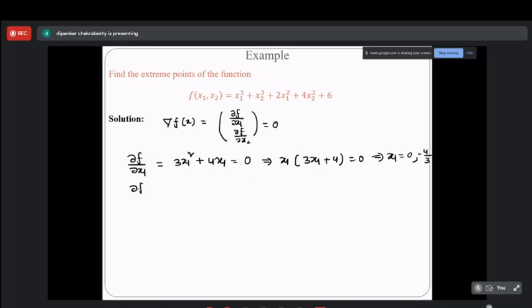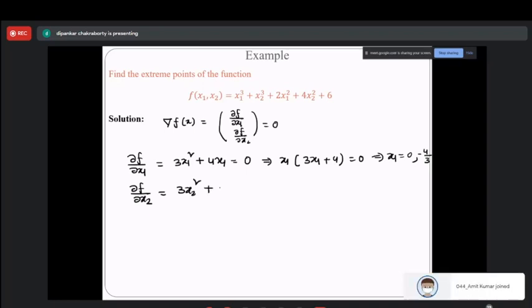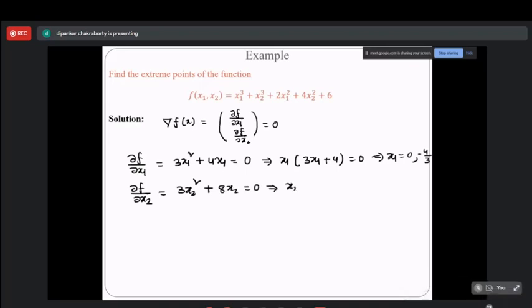Similarly, we can find del f del x2 as well. That is going to give you 3x2 square plus 8x2, equal to 0. Again, if you take x2 as common, it will be 3x2 plus 8 equal to 0. That means you are going to get x2 equal to 0 and minus 8 by 3.